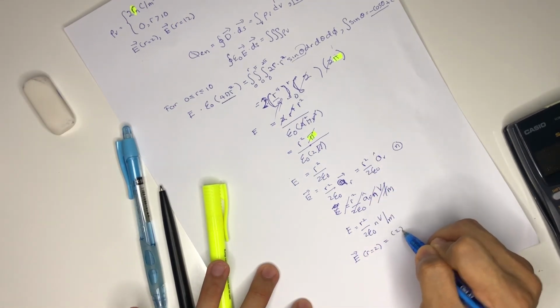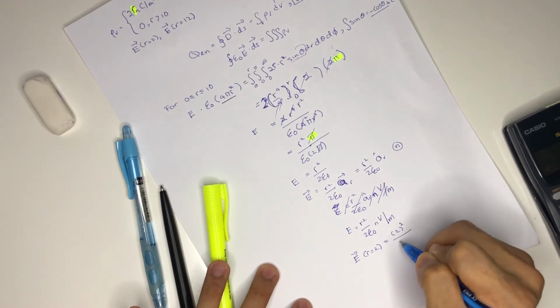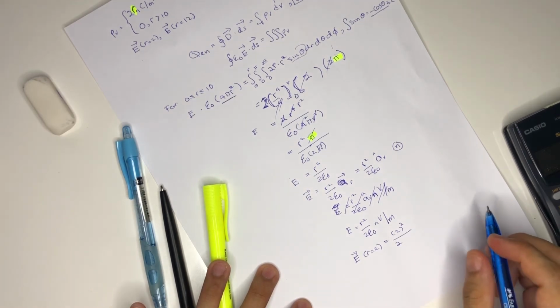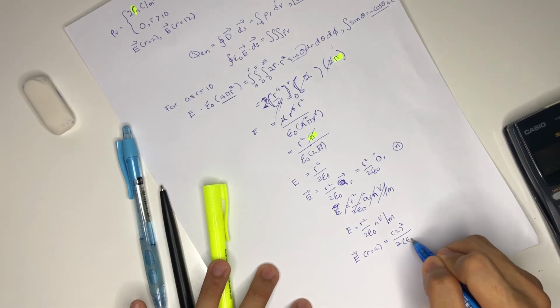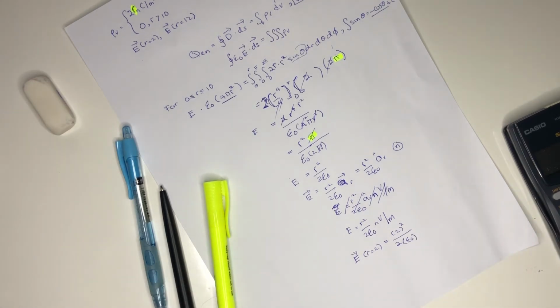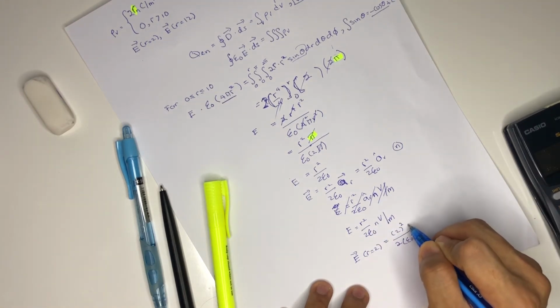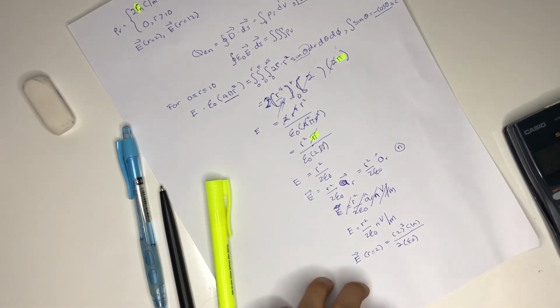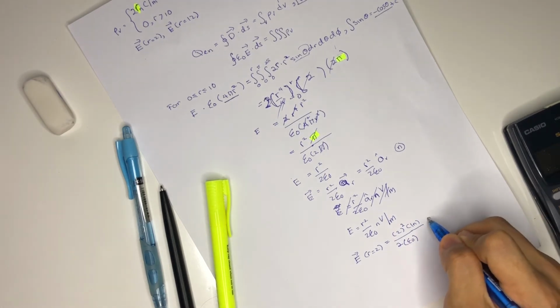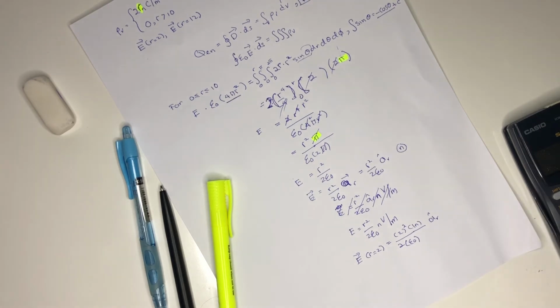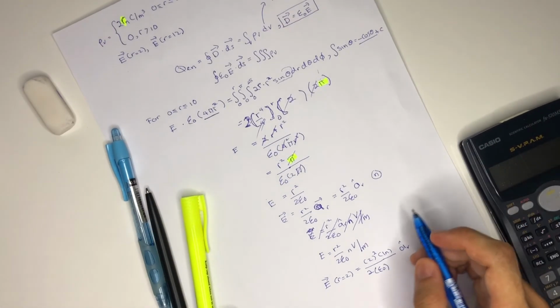So you have your 2 square, you have your 2 epsilon naught, you have nano, you can put 1 nano here, in unit direction radius.